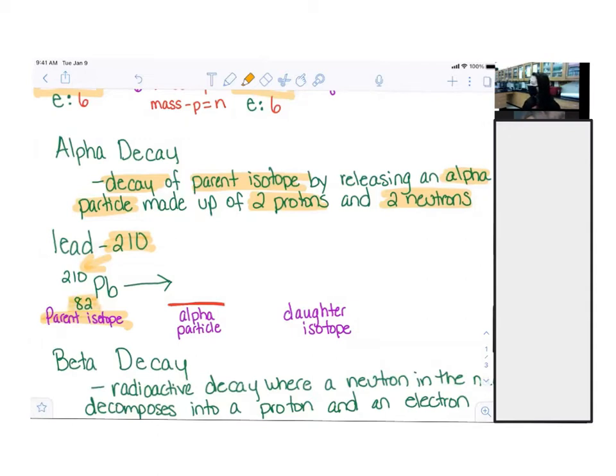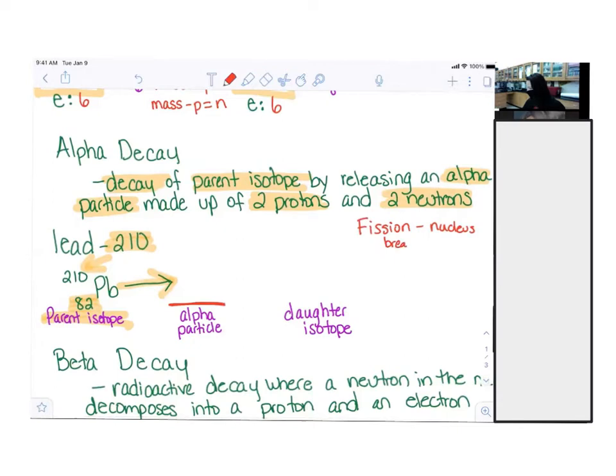When I write a nuclear decay equation, I always start with my parent isotope, and then I draw an arrow to show that it is going through the decay. And so this is a process of fission. This means that we have one nucleus breaking apart into more than one piece.